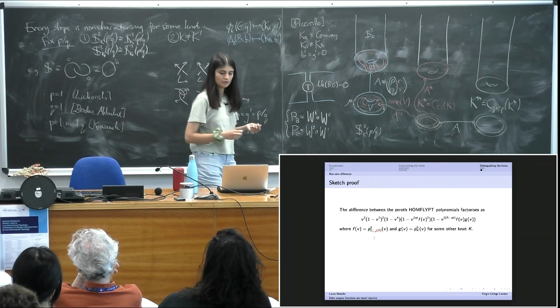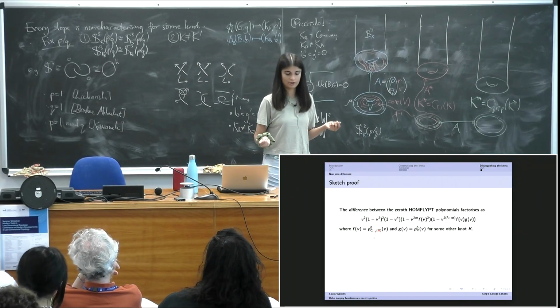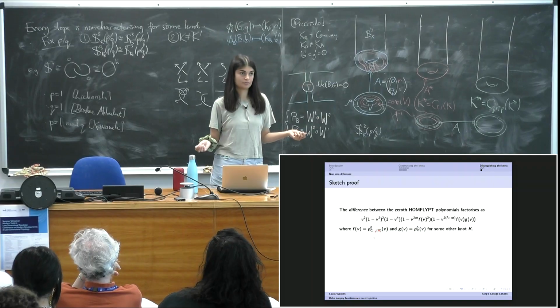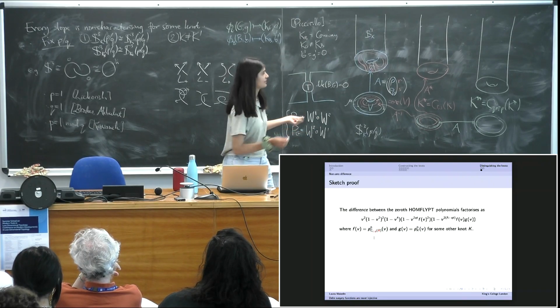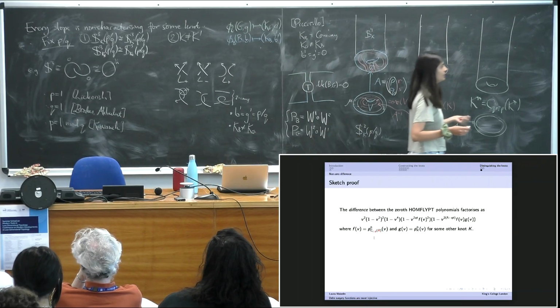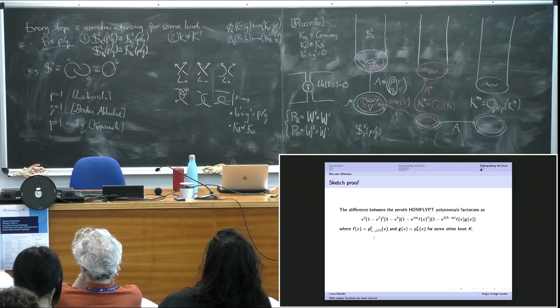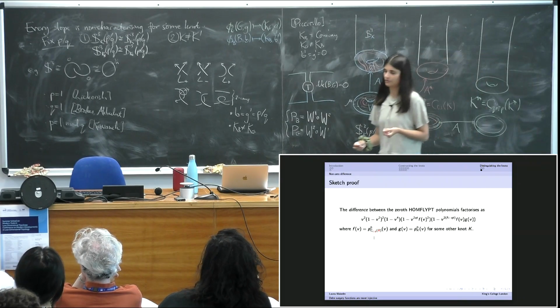And if we want to show that the difference between the HOMFLY polynomials is not the zero polynomial, we just need to show that none of these factors is the zero polynomial. So essentially, all we need to do is show that f of v can never be a unit in the Laurent polynomial ring.